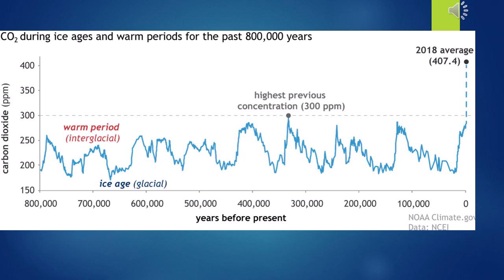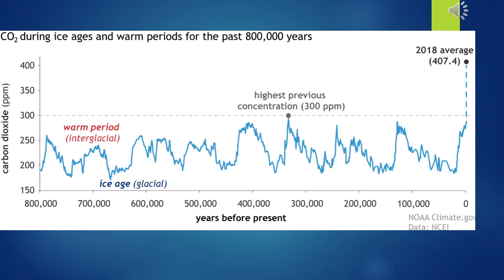So this graph here shows CO2 concentration. And as we can see, CO2 concentration has not been constant either. CO2 goes up and down. Volcanic activity releases CO2. We have some geological processes and things like downwelling that will capture CO2. So there will be a general flux between a higher CO2 concentration and a lower CO2 concentration.